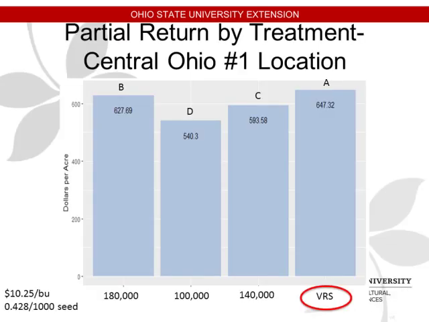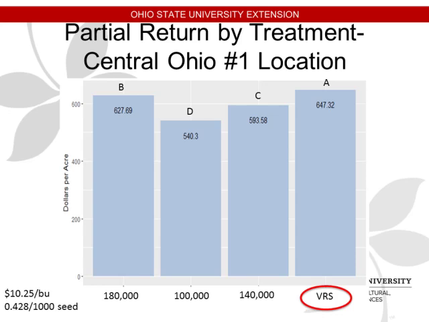So our return on investment is very rudimentary. But basically, this is just for one field. We're crunching the data from other fields, but this is Central Ohio 1 location. So what you're looking at here is our partial return. We're using $10.25 per bushel. I have a lot more optimistic prices than the entomologist from Purdue, and our seed costs here.